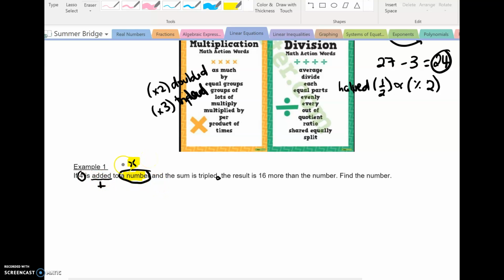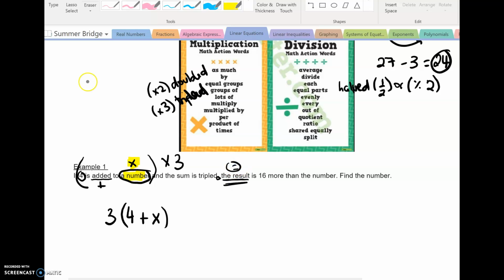So 4 is being added to some number, and the sum, this whole thing, is being tripled, so times 3. So what does this look like mathematically? I have 4 plus some number x, and that's being multiplied by 3. The result means equals.